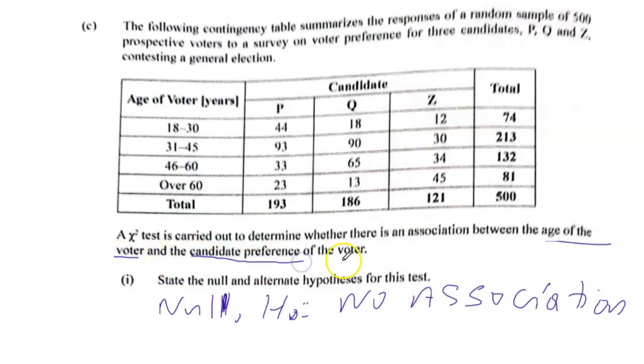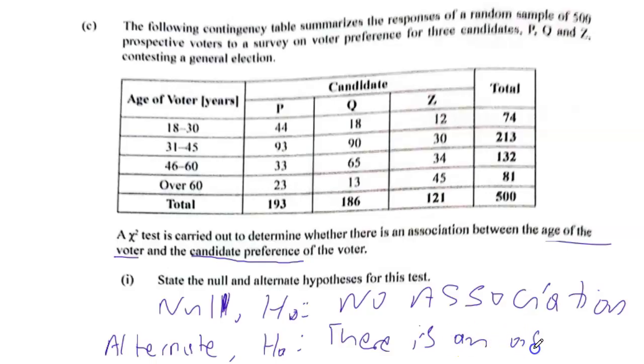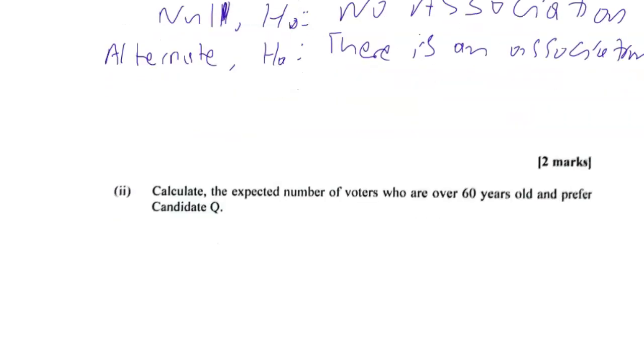So there's no association between age of the voter and the candidate preference. And the alternate is just the opposite of that: H subscript A, there is an association between age of the voter and candidate preference.